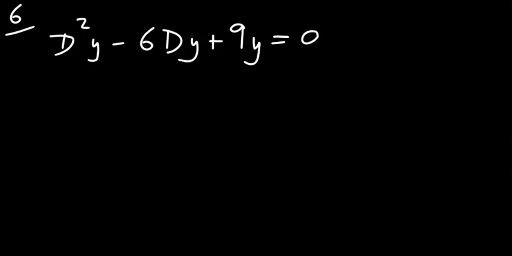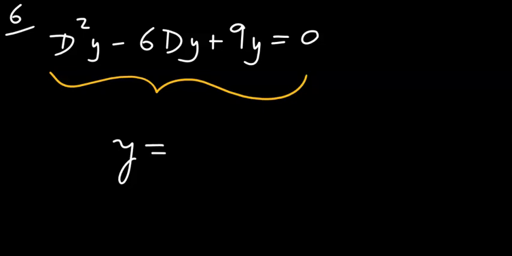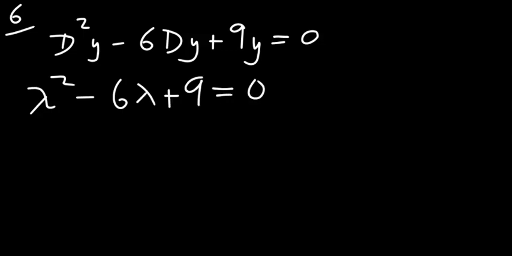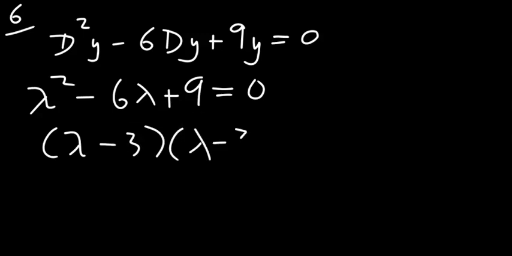Example number 6. First, we write down the auxiliary equation that corresponds to that differential equation. That is, by assuming y equals e to the power lambda x, upon substituting this in here, you get the auxiliary equation. And that's going to give you lambda squared minus 6 lambda plus 9 equals 0. We can factorize this: lambda minus 3, lambda minus 3 equals 0.